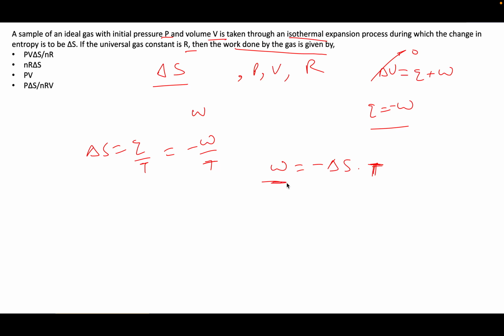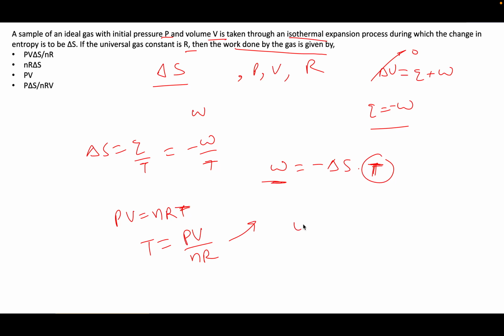Okay. Work done by the gas is given by. So the formula says PV delta S upon NR. So T is there. For an ideal gas, PV is equal to nRT, so T is PV upon nR.